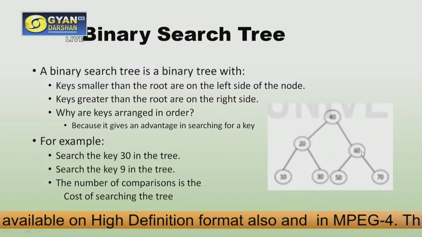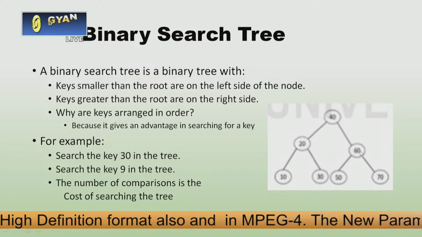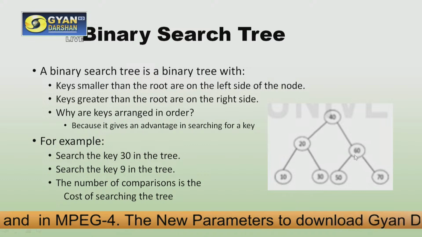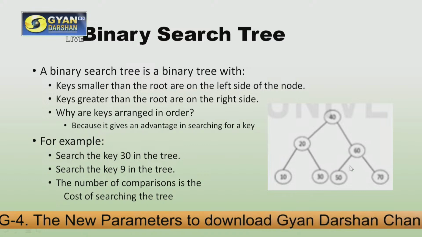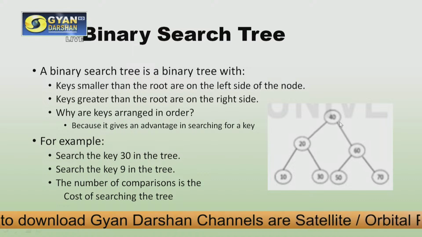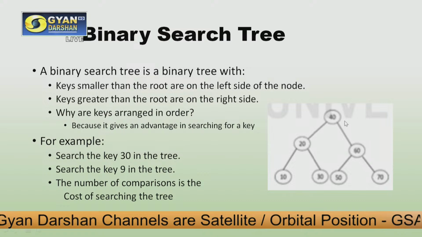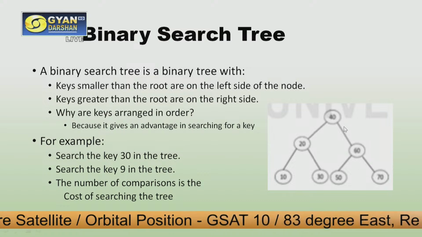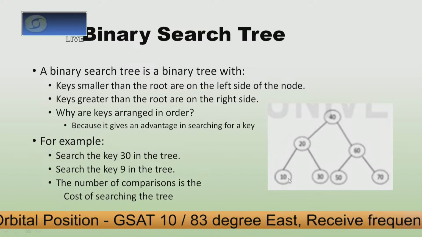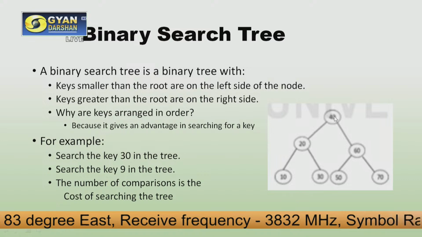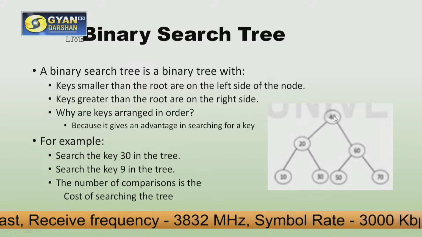You can see the key 60, and to the left of 60 is 50, the smaller value, and the bigger value, 70, is to the right of it. And 50, 60 and 70 are all to the right of 40 because they are more than 40. All smaller key values are to the left of the node containing the key 40.